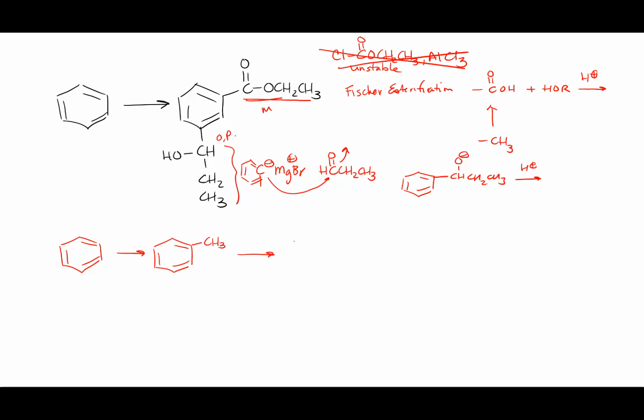Let's oxidize the methyl group to the carboxylic acid. Now that's a meta-director. So now I should put the bromine on. Oh, I gave you the reagent. You should know that. So let's put the bromine on.